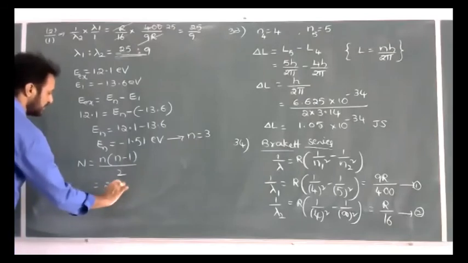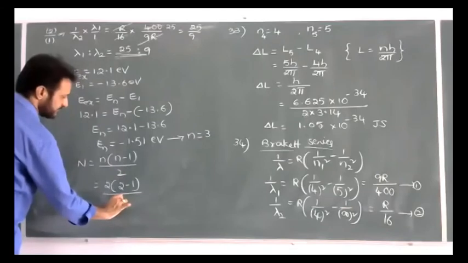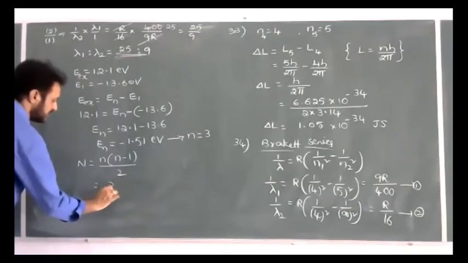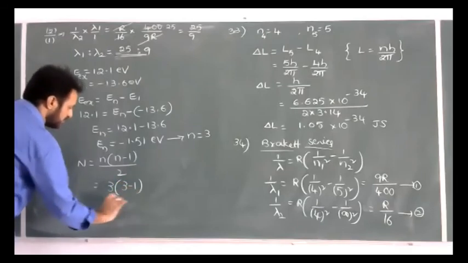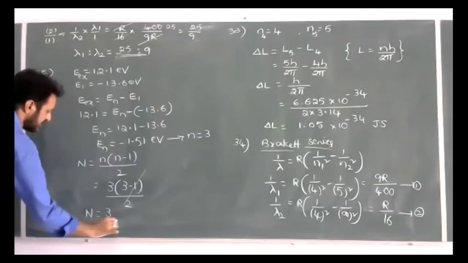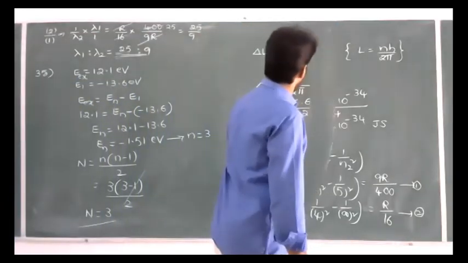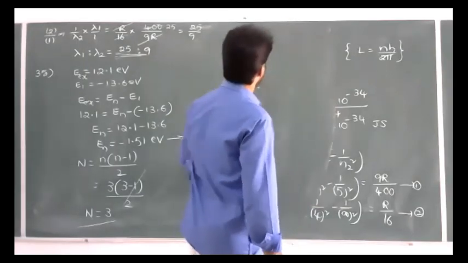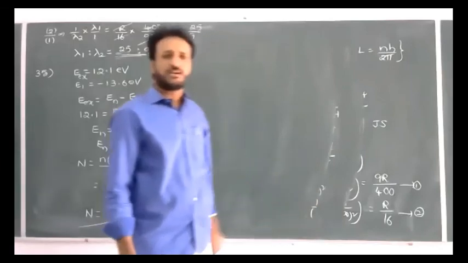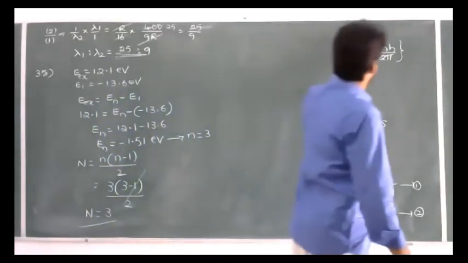For the third orbit, that is 3 into 3 minus 1 by 2, the 2 cancels, so the number of spectral lines N is equal to 3. Answer: N is equal to 3, correct. N equal to 3 means the electron may jump from third orbit to first orbit, third orbit to second orbit, second orbit to first orbit. Total 3 lines are possible.